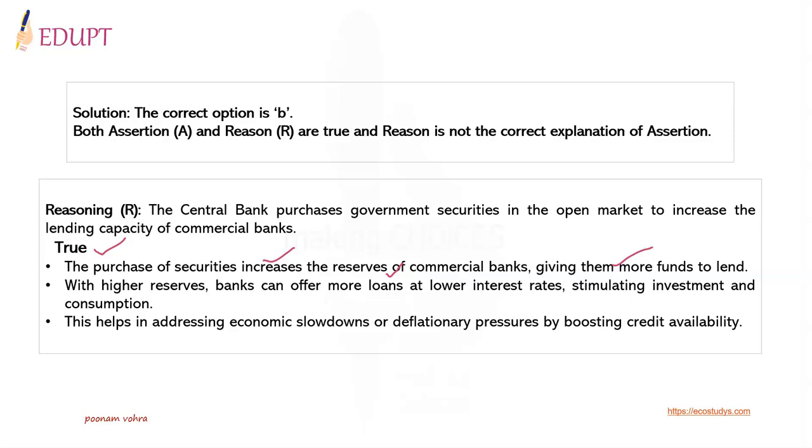With higher reserves, banks can offer more loans at lower interest rate, stimulating investment and consumption. This helps in addressing economic slowdown or deflationary pressure by boosting the credit availability. So the reasoning statement is also true.